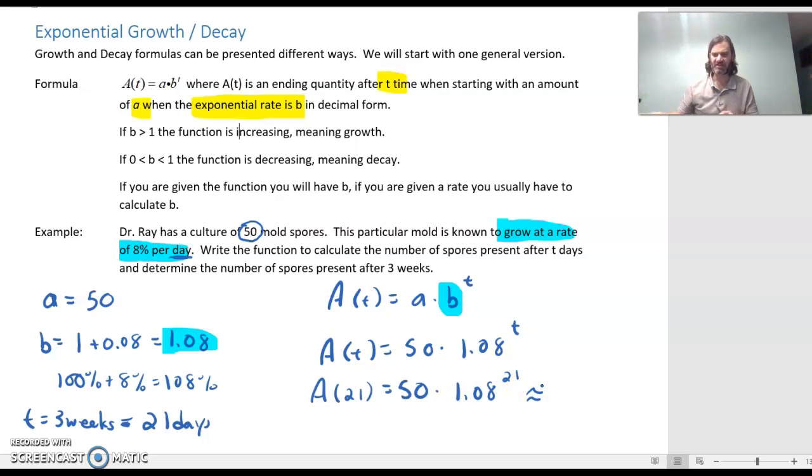So let's use Mr. Calculator here and see what we get. Depending on what we want to round it off to, I'm just going to go with 252. I got 251.69 and so on, but we'll say 252. Okay. Let's go to the next problem.